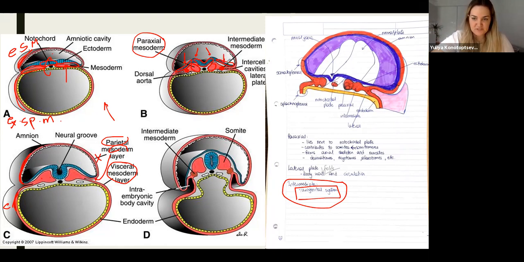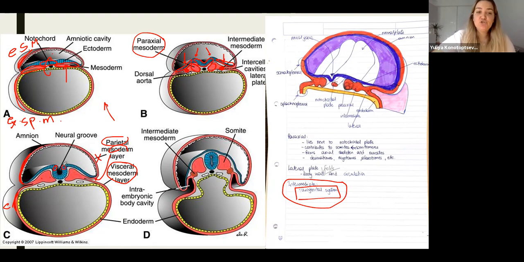In the center, we have the thickened stratified ectoderm, which we're going to call neural plate. Neural plate will start to invaginate. You're going to see that there's some kind of deepening present here. This deepening is called neural groove. Neural groove will have 2 elevated components right here. These elevations are called neural folds.